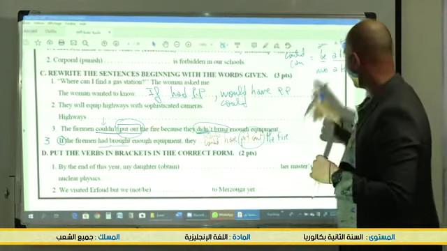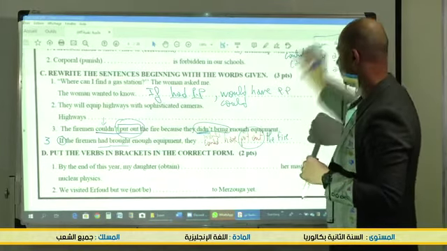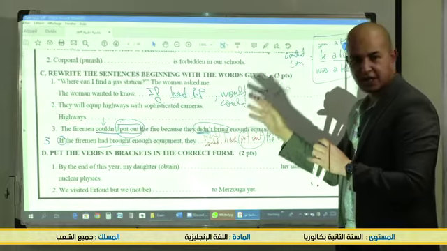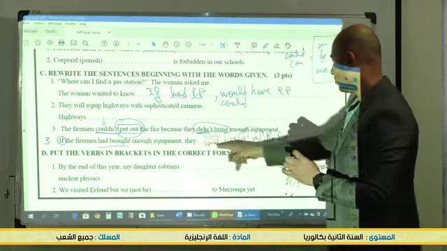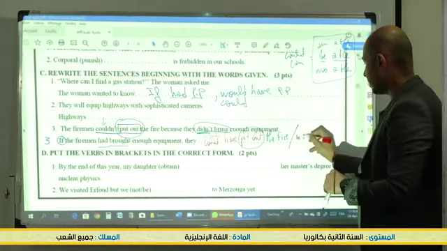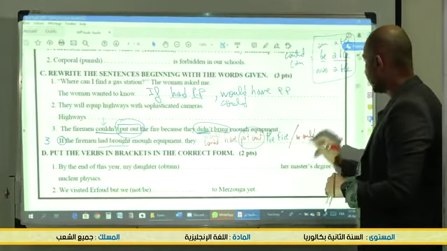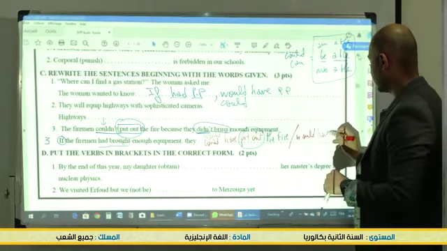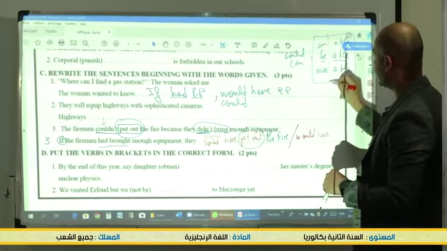So here, if we want to use "to be able," we can say, if the firemen had brought enough equipment, we respect the rule, they would, so another way, they would what? They would have, and the past participle of the verb "to be."